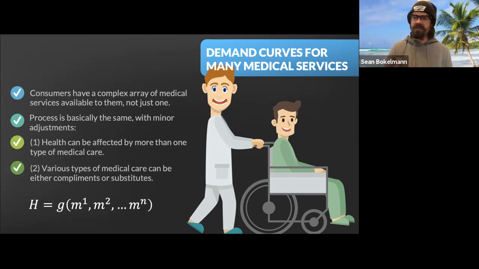So some medical procedures or treatments are complementary, right? For example, getting a CABG, a coronary artery bypass graft, and then also eating less red meat. You could consider that to be a medical treatment, right? Those are complementary.